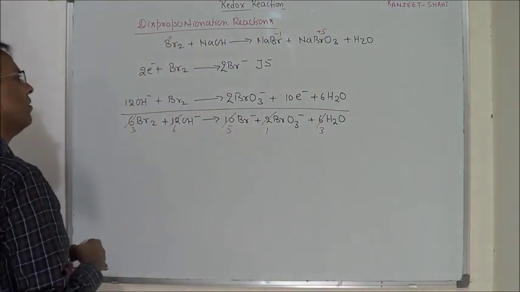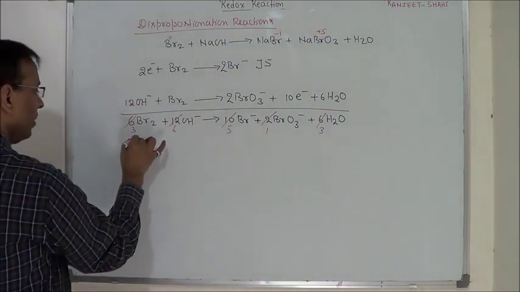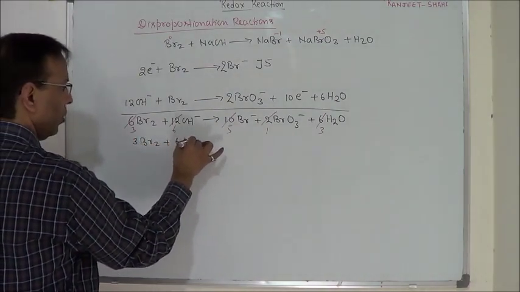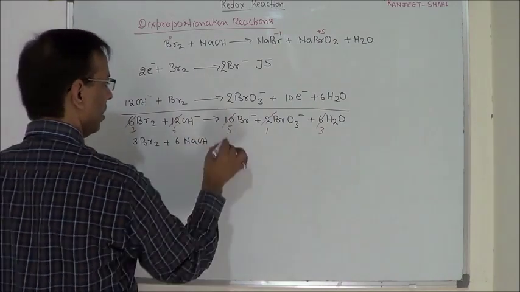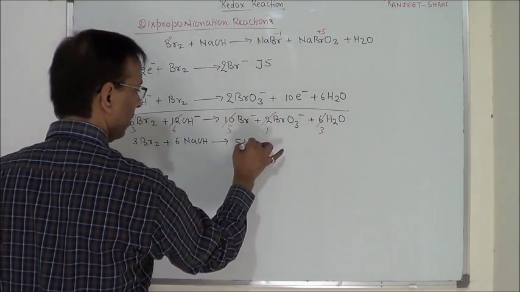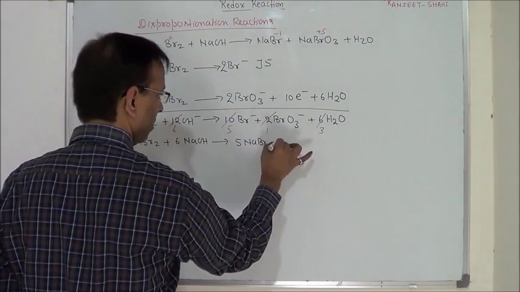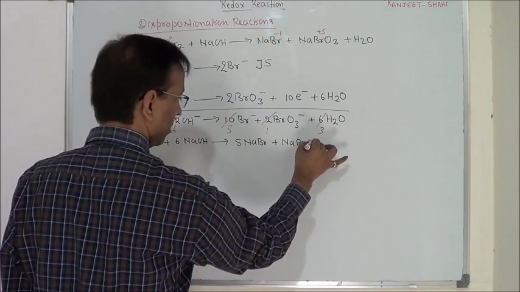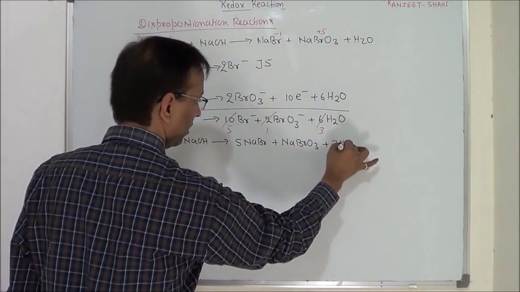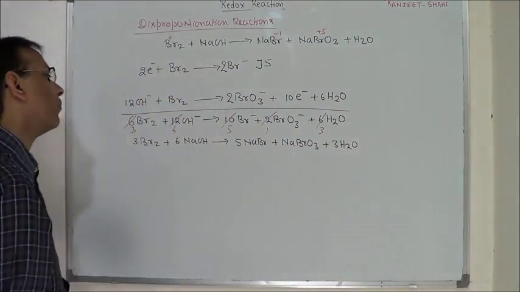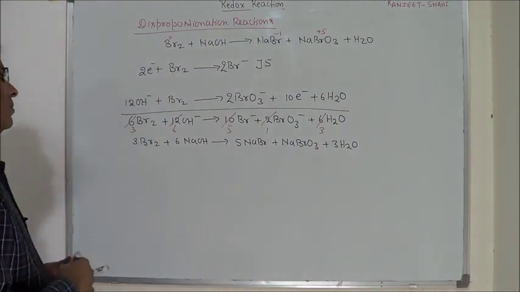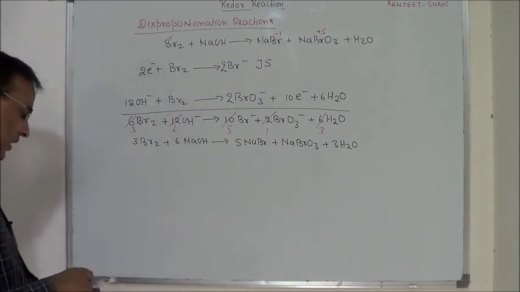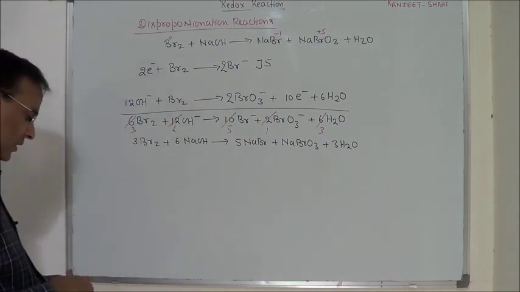And then compare the coefficients. So 3 Br2 plus 6 NaOH gives 5 NaBr plus NaBrO3 plus 3 H2O. So the disproportionation reaction can also be balanced very easily using this method.